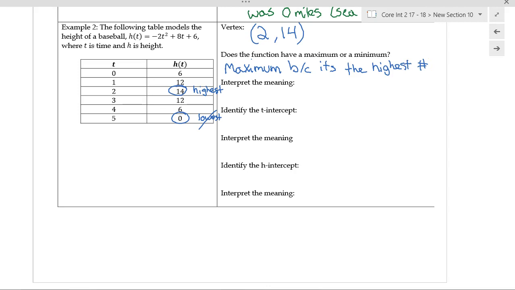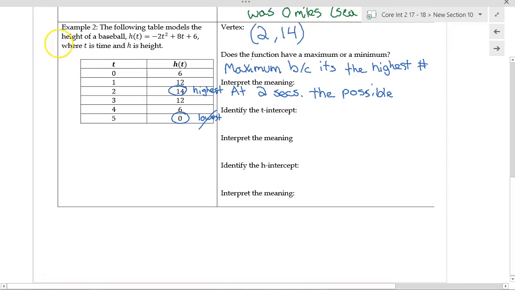Interpret the meaning. Okay. So at 2 seconds, remember for the meaning we have to represent both these numbers. X is time, Y is height. So at 2 seconds, we're talking about a baseball here. I just wrote possible and it was supposed to be baseball. Sorry about that.